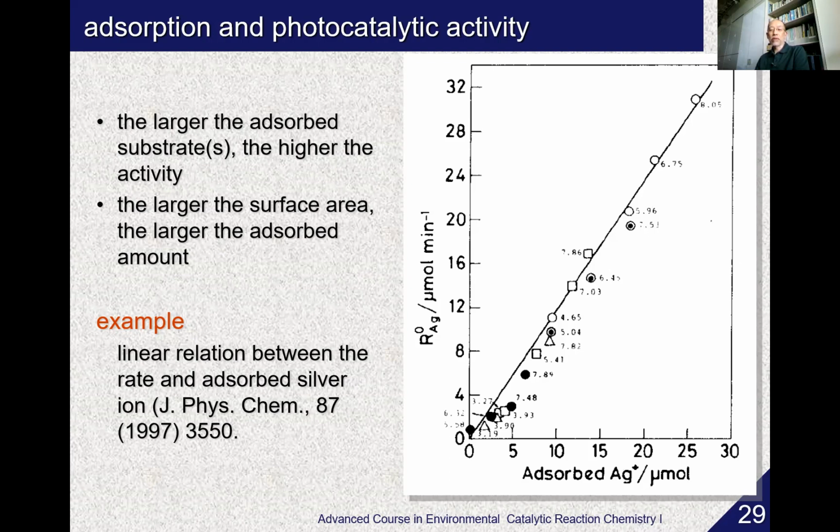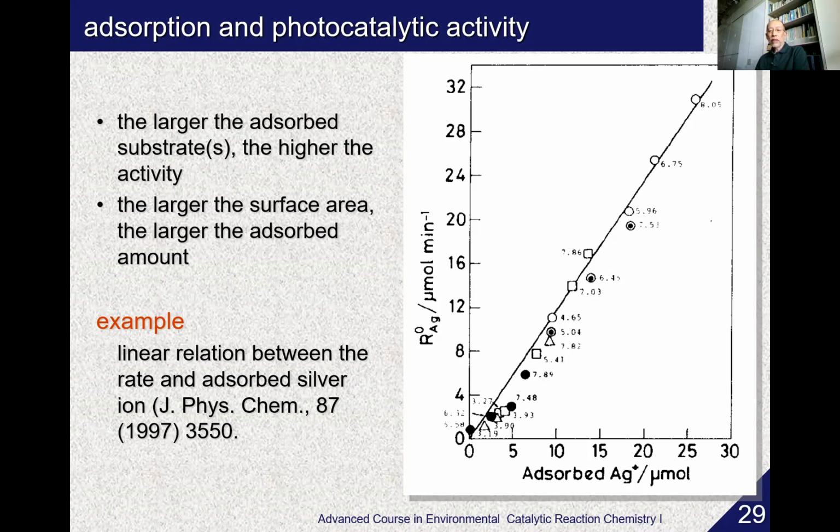Silver ion is reduced to silver metal. The dependence of rate on the amount of silver ion is plotted like this, and an almost linear relation is obtained.